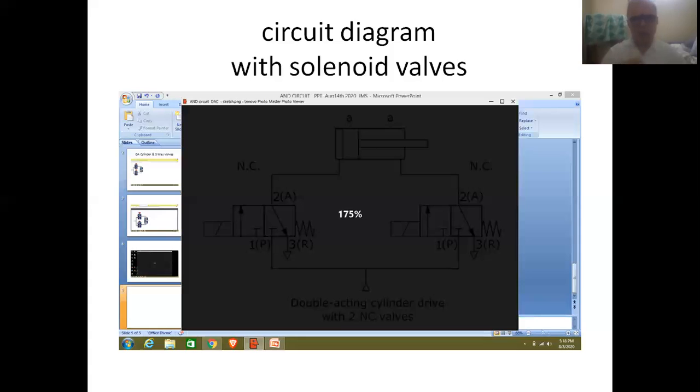And sometimes the piston is directly fitted to a connecting rod mechanism. By doing so, this cylinder can be used for rotating the spindle in clockwise direction.